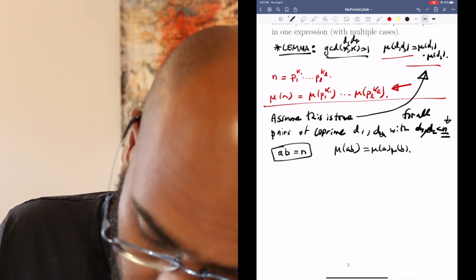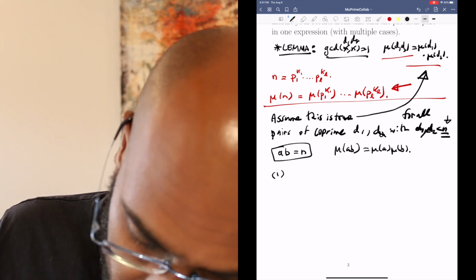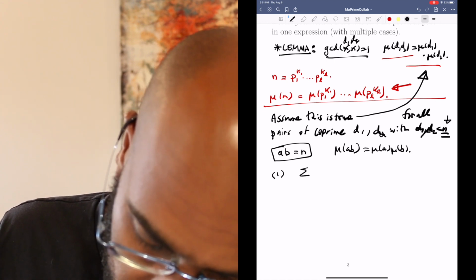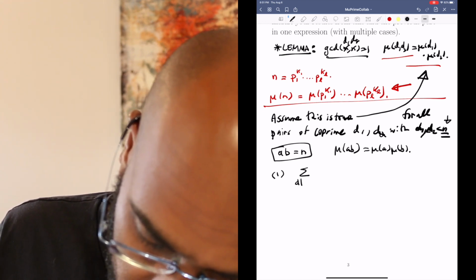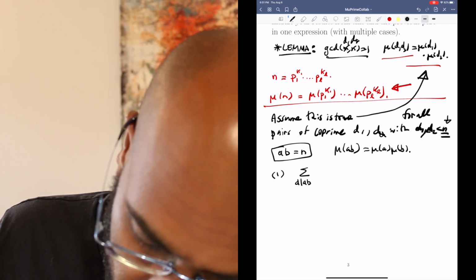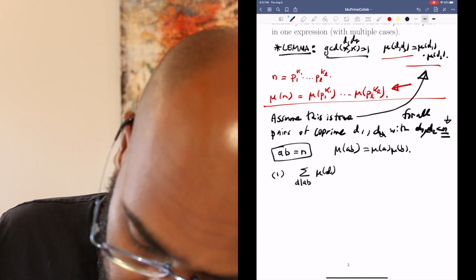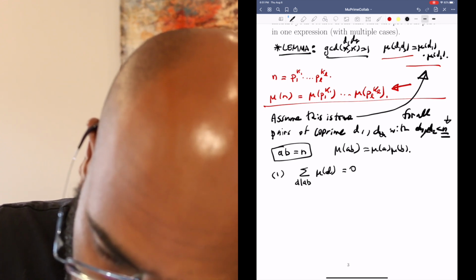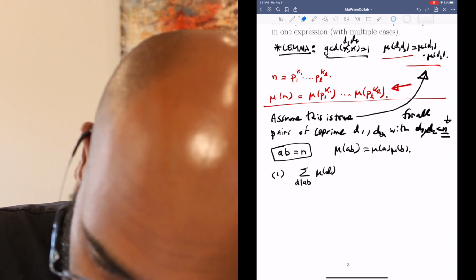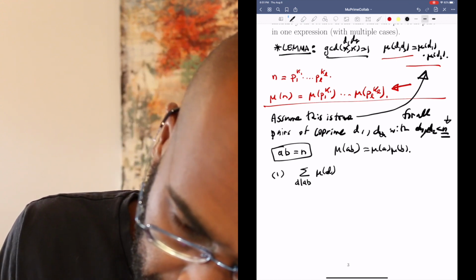So we know that if you sum over all divisors of AB of mu of D, you get 0. Okay, but we can break this up. I'll write the 0 on the left-hand side here.